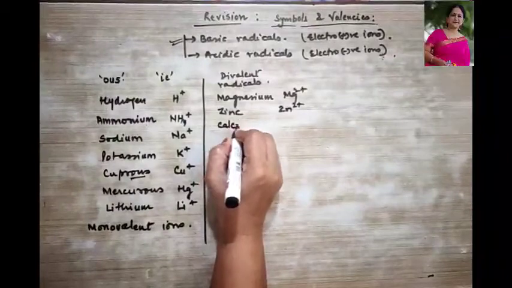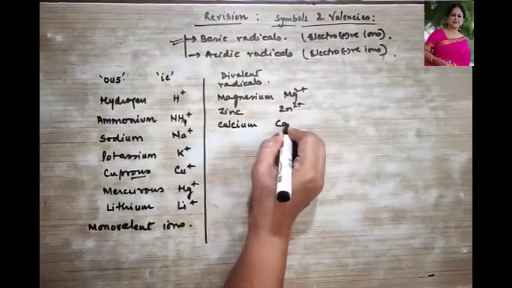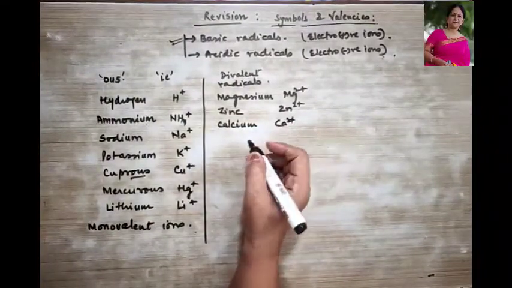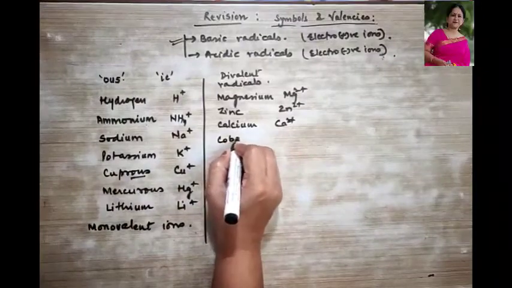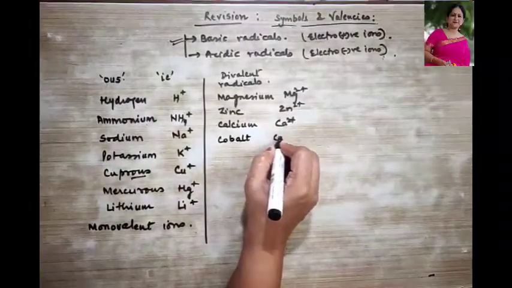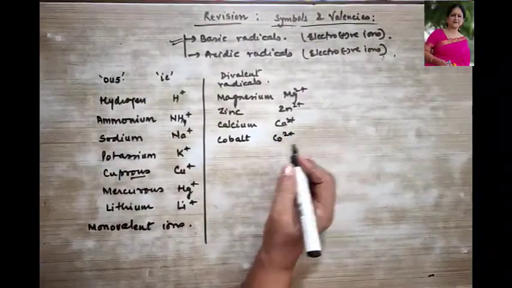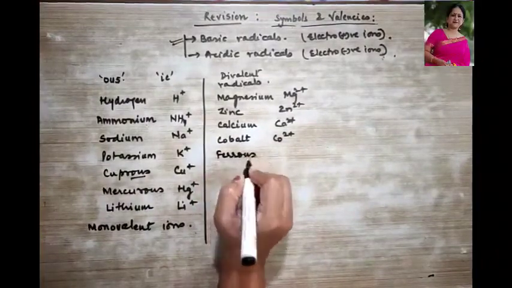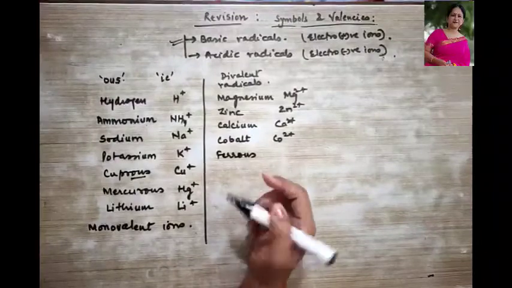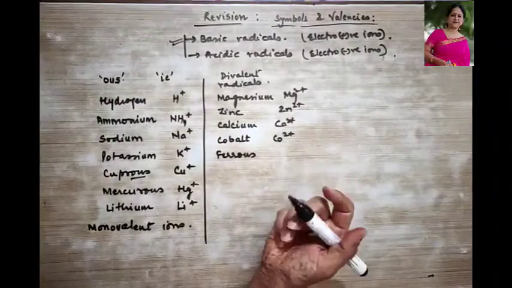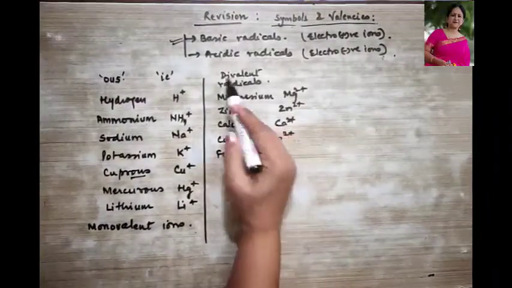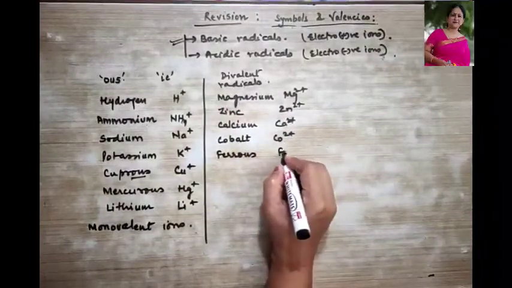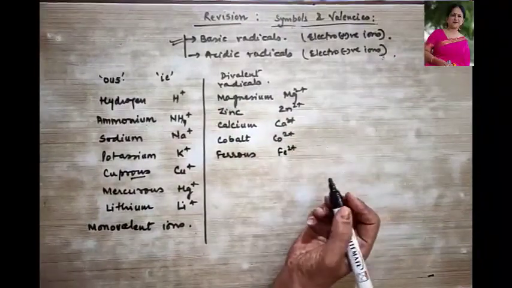We have calcium, Ca2 plus. We have cobalt, Co 2 plus. Then ferrous. When it says ferrous, that means it shows a variable valency. Lower valency is "-ous", and I'm talking about divalent, that means it is Fe2 plus.